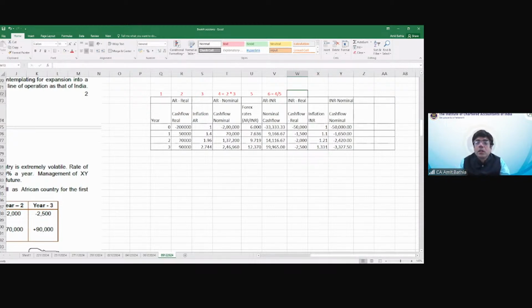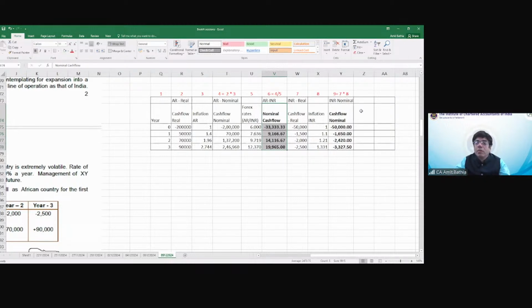This is column number 7, column number 8, and column number 9 is 7 into 8. So I have my INR nominal cash flow available. My India-based nominal cash flow is this particular column, and my African cash flows, converted into nominal cash flow, are this one.